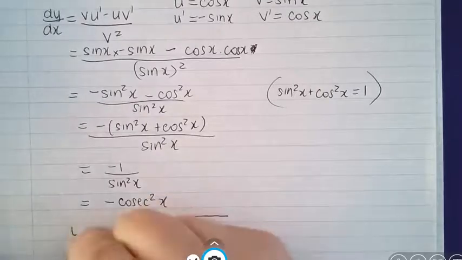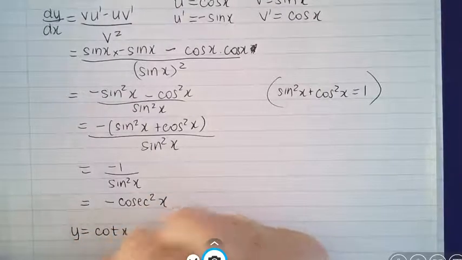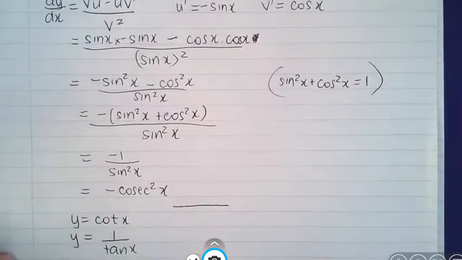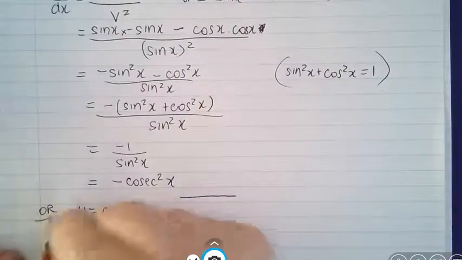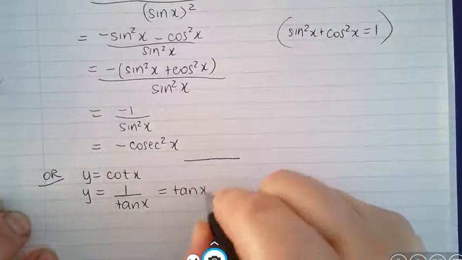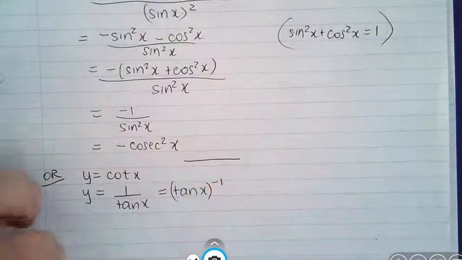The other way is to write cot x as 1 over tan x. We did look at this quickly last lesson, which is tan x to the power of negative 1. So let's do it that way as well.